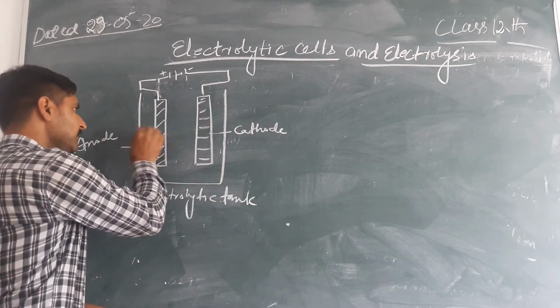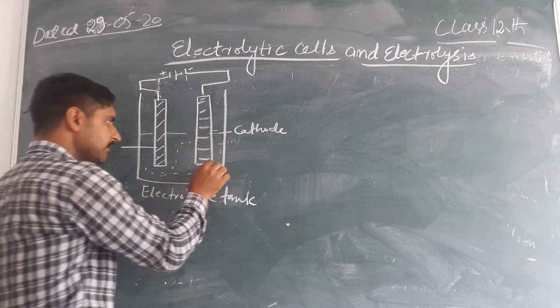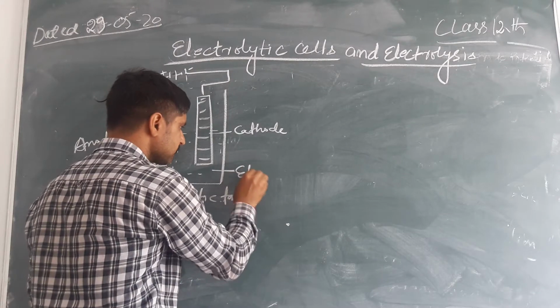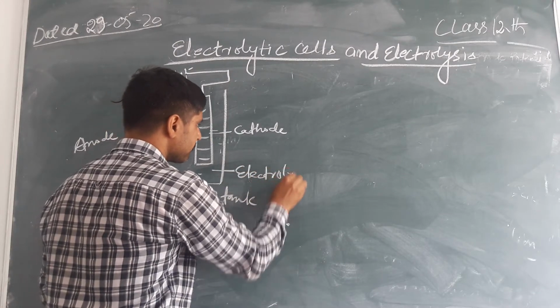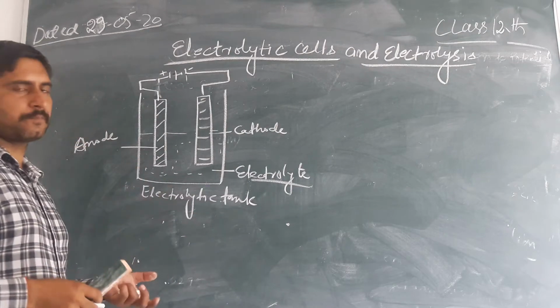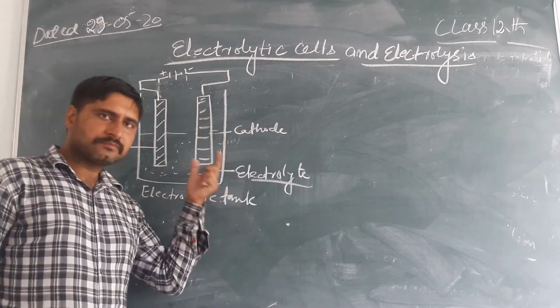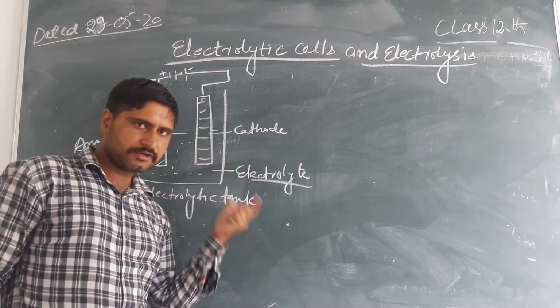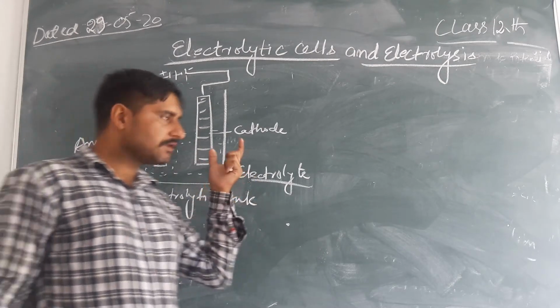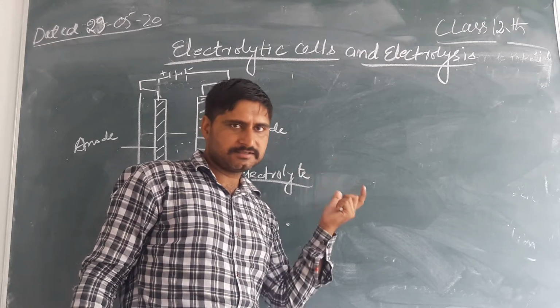Both these electrodes are inserted in an electrolytic solution. Now, when an electrolyte is dissolved in water, it gives positively and negatively charged ions.